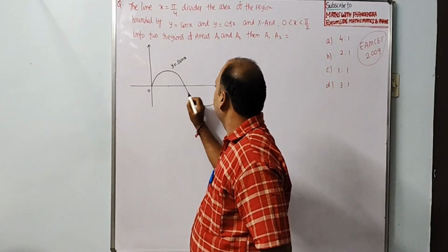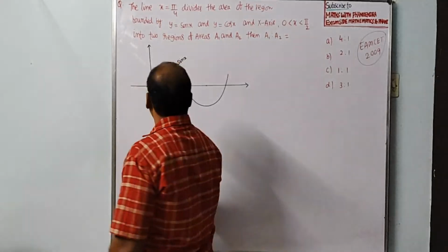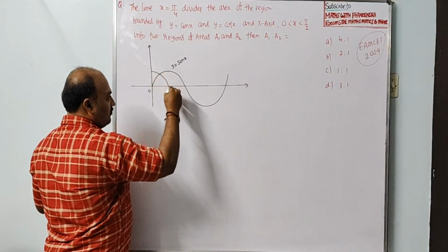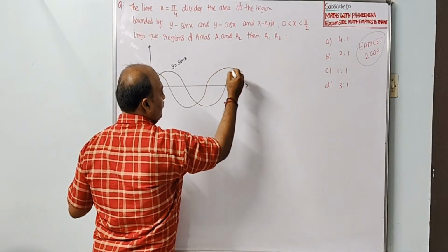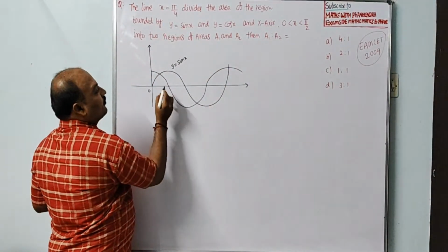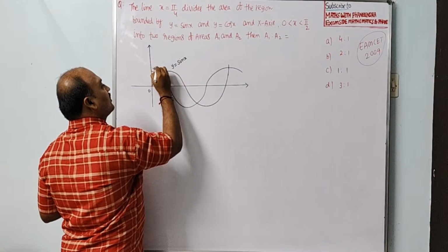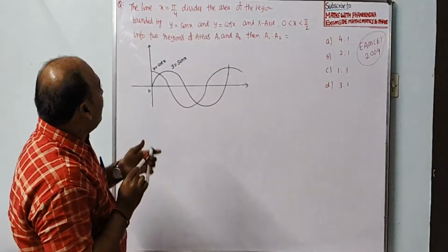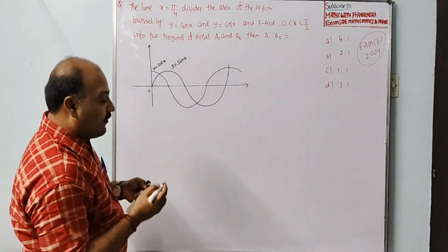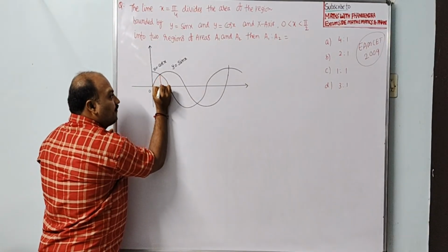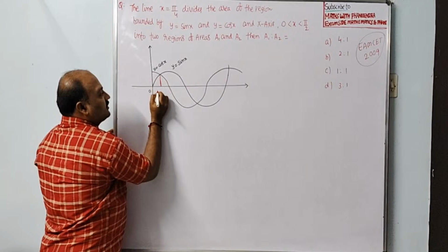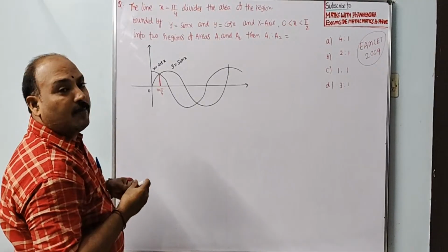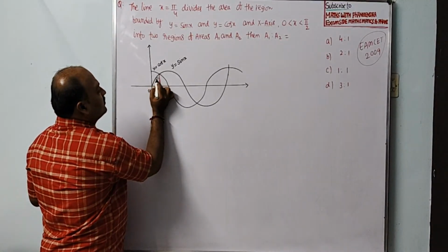Next, y equal to cos x. This is y equal to cos x. The line x equal to pi by 4 divides the area of the region bounded by these two curves.